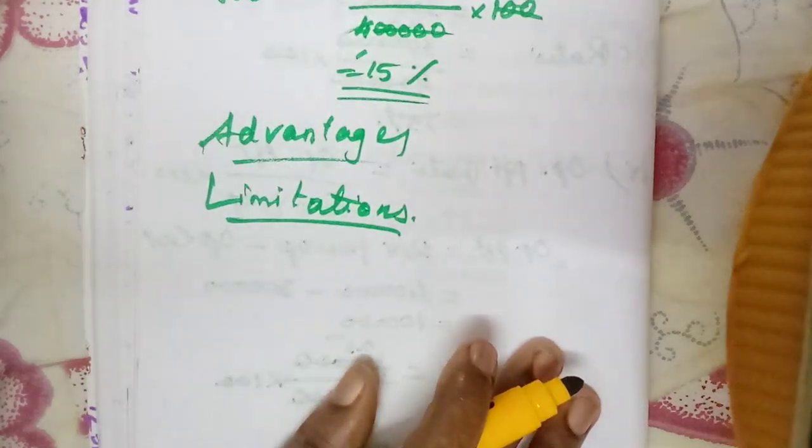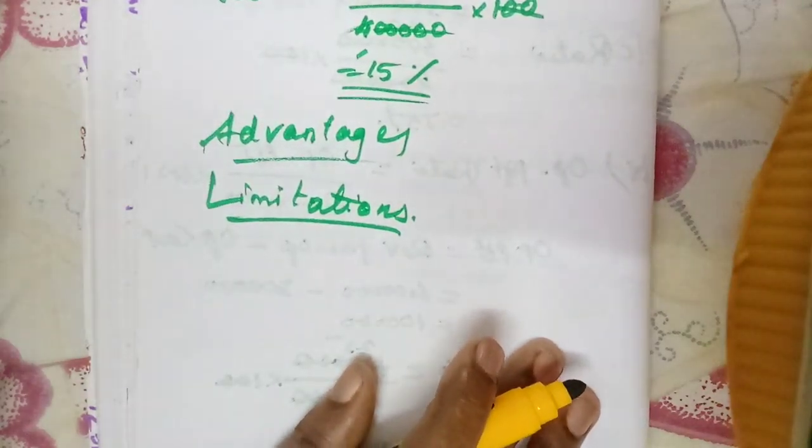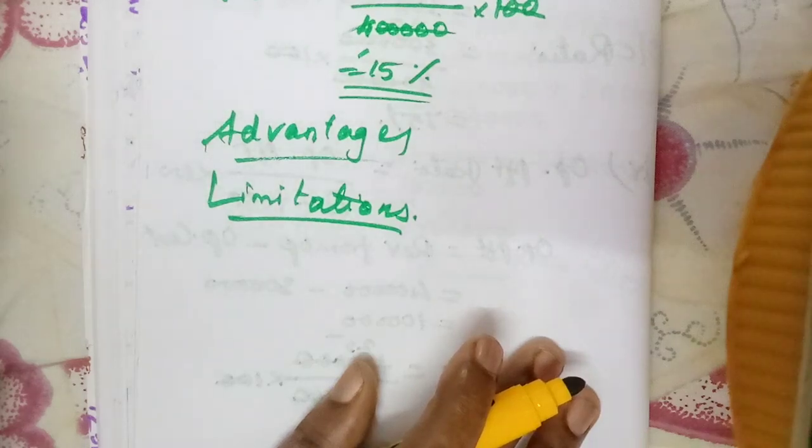Experts only will analyze, and we cannot check the accuracy of the ratio, because the ratios are measured as per the financial statement. If the figures in the financial statements are inaccurate, or the wrong measures given, then the ratios also will go wrong.